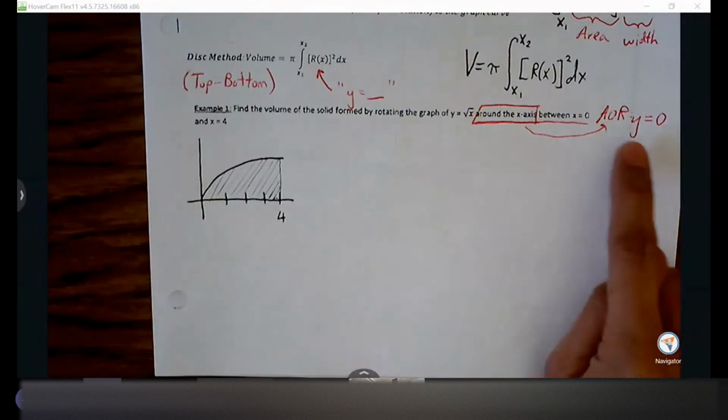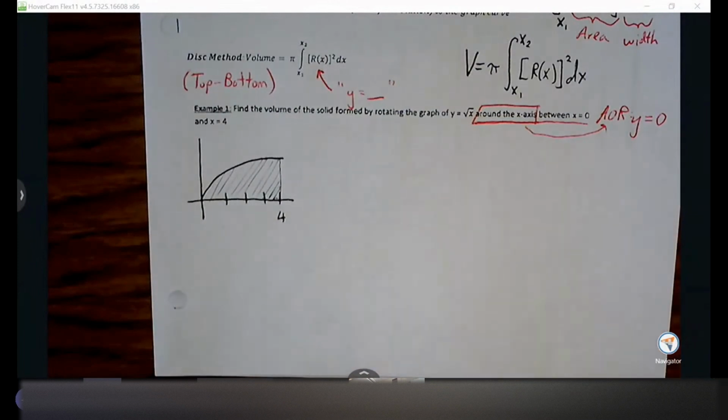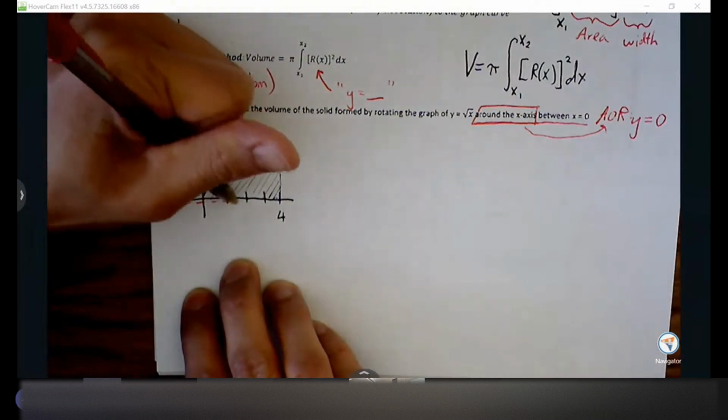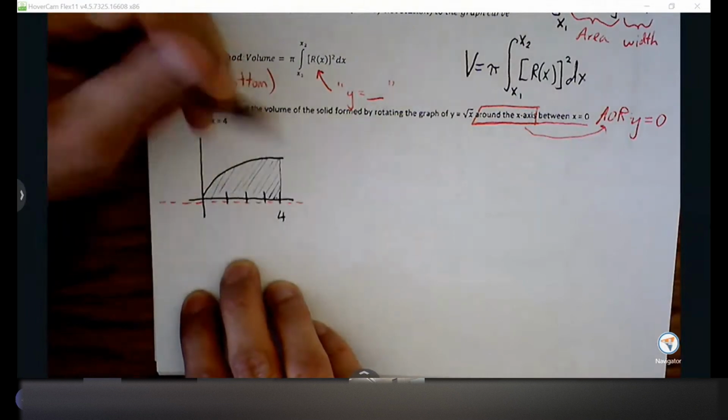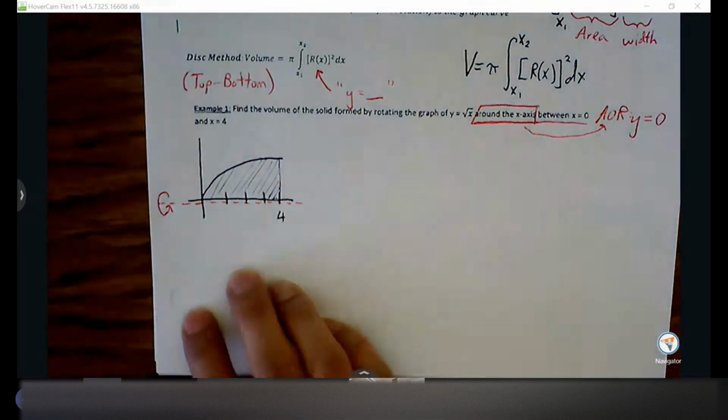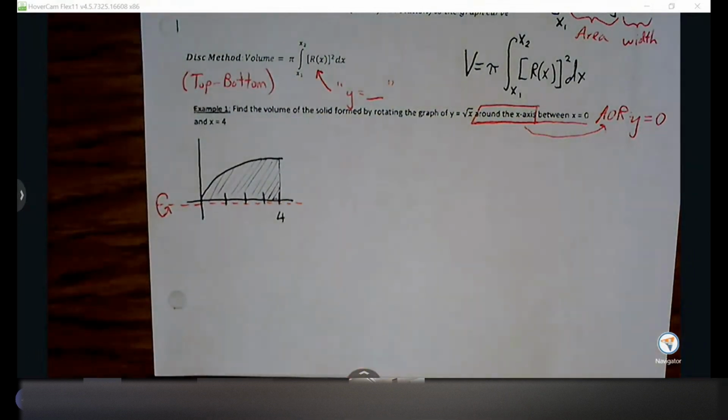I want you to get into the habit of drawing your axis of revolution as a dotted line. That way it gives you a visual reminder where the center of your object is going to be located. I like to draw a little circle with an arrow to indicate that we're spinning that shaded region around that axis.